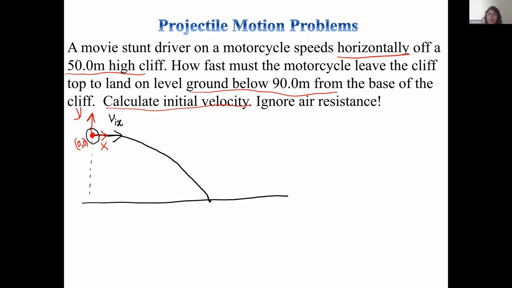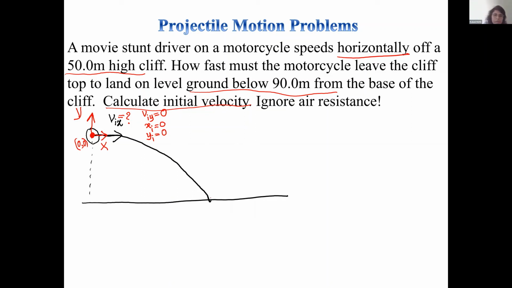And in addition, we label the information given to you. V initial x, I need to find out; it is not given. But since the motion starts in the horizontal direction, there is no y directional velocity at the beginning. X initial is 0 because I start at the origin, and y initial is 0 because I start at the origin.